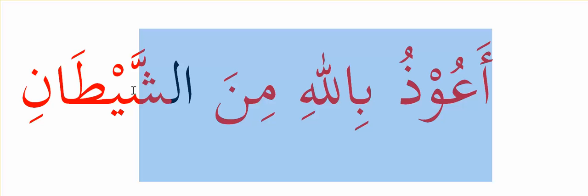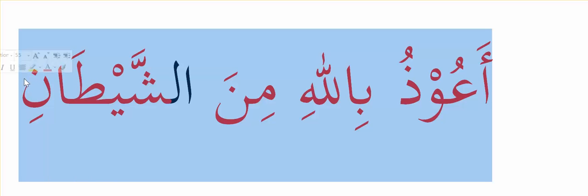A'udhu billahi minash shaytani. Make it a little bit smaller so we can fit the rest of the stuff. Then we put an alif and a lam that we will not pronounce.